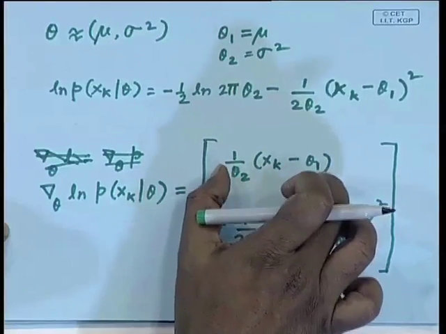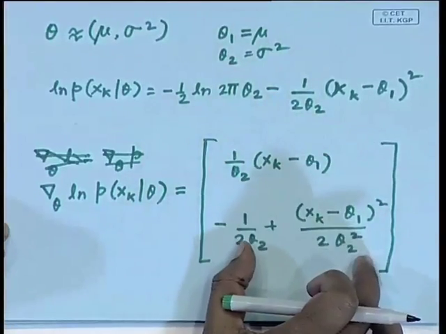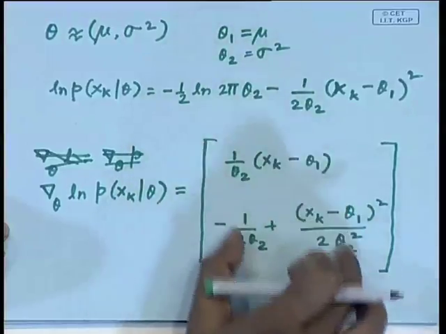So, I have to take the summation of this and summation of this over all the samples, that means over k varying from 1 to n, and equate that to 0 to give me the maximum likelihood estimate.